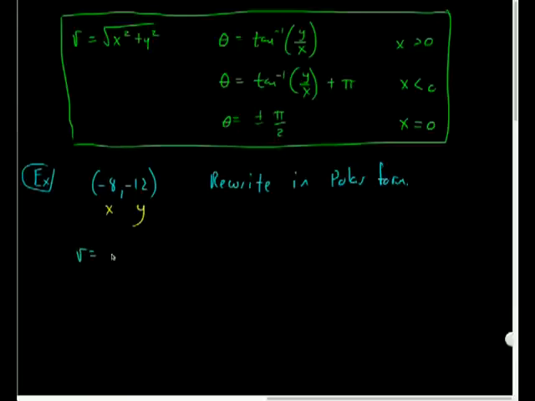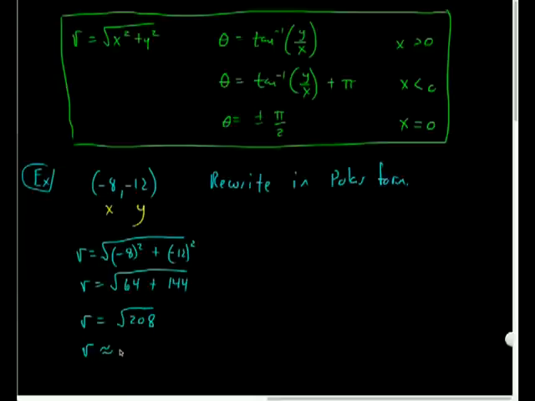So r is going to equal the square root of -8 all squared plus -12 all squared. It's really just the distance formula. Literally think of r as the radius of the circle. Square root of 64 plus 144. So r is going to equal the square root of 208.